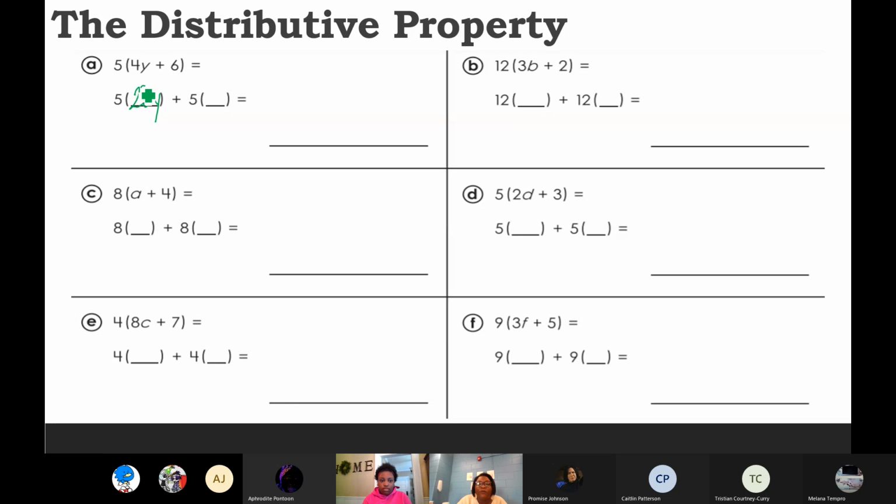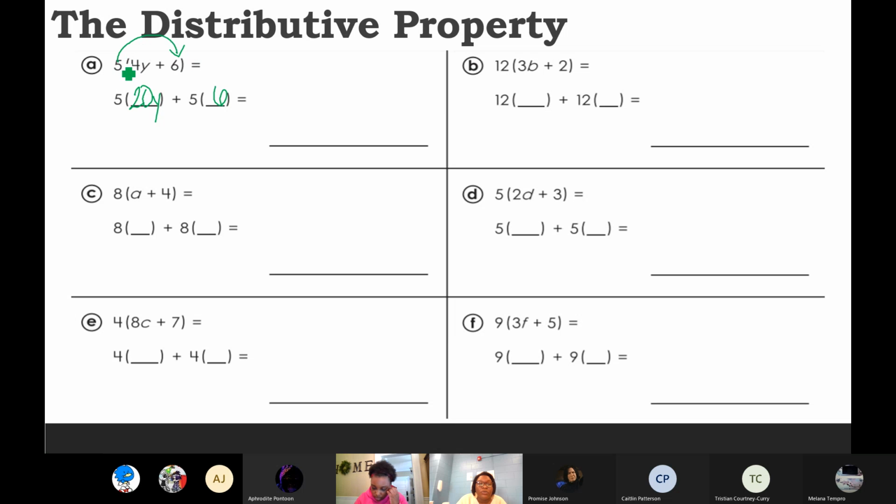Where did I get 20 from, Jalen? Oh, I said it wrong. I meant like you can do 5 times 4 and then you would get 20y. Yeah, and I keep that y there because I don't know what number y is yet. So that y wouldn't go away. And this is telling me 5 times 6.